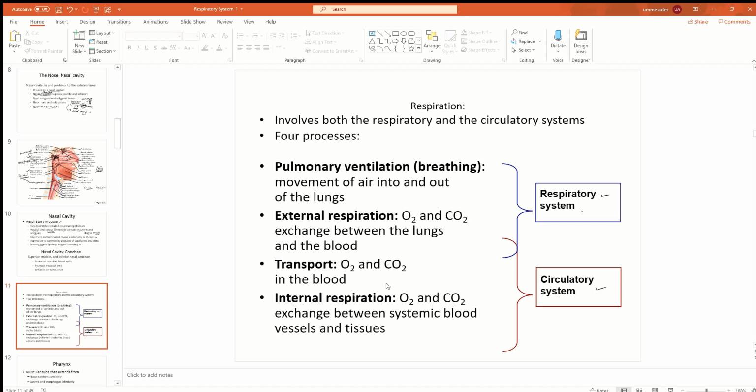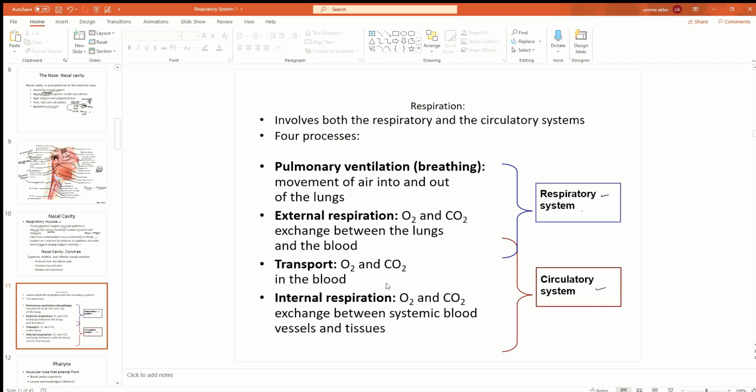If your respiratory system doesn't work, there is no meaning of circulation. If oxygen doesn't enter the blood, circulation is meaningless, right? If carbon dioxide is not transported by the blood, there is no point of expelling the air out. So these two systems work together.